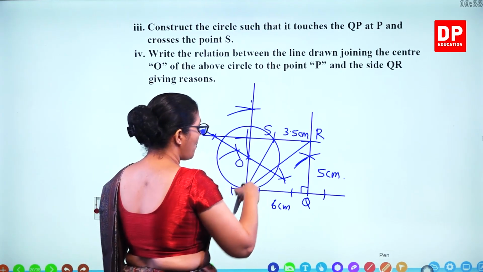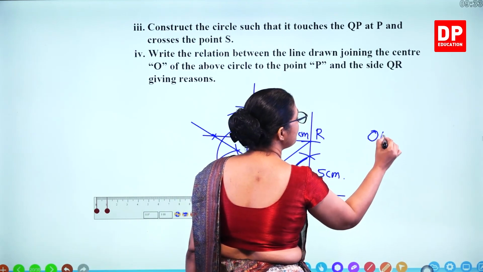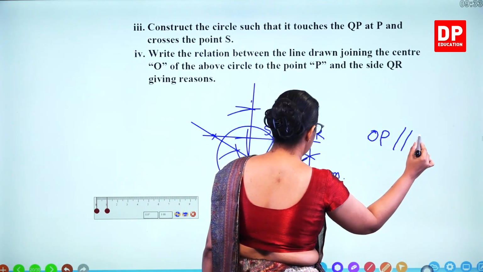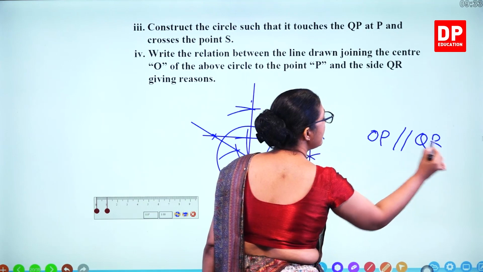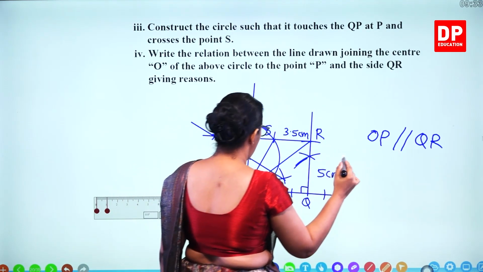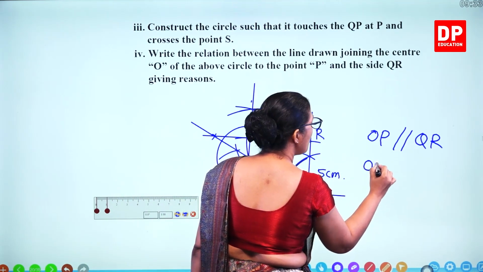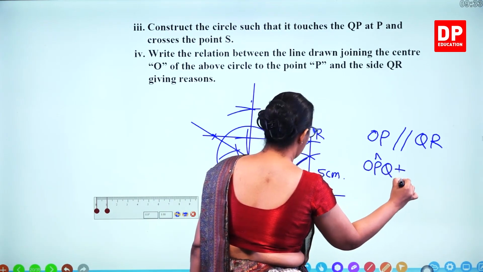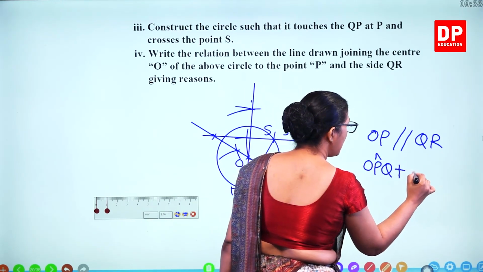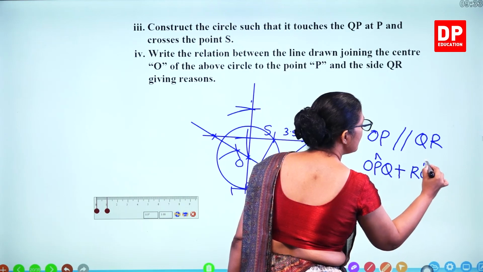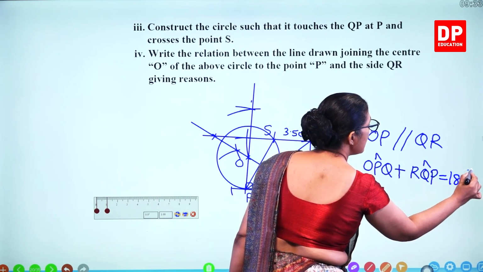So what can you say about OP length and QR? That's parallel because angle OPQ plus angle RQP is 180.